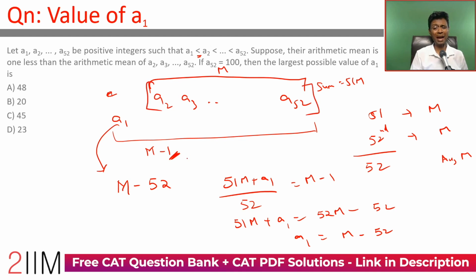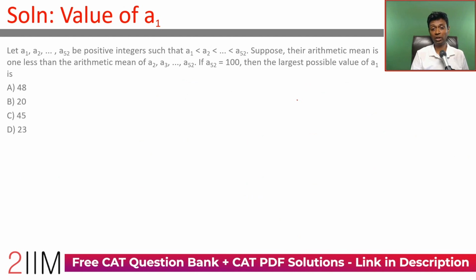We want to find the maximum value of A1. When will that be maximum? When the mean M should be maximum. We know all the numbers are distinct. We know that from A2 to A52 there are 51 numbers. So what is the maximum possible average of 51 distinct natural numbers, where the largest is 100, or we go 100, 99, 98, 97, 96, all the way till 50.